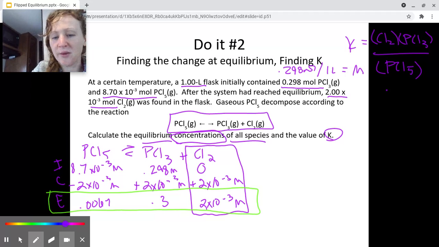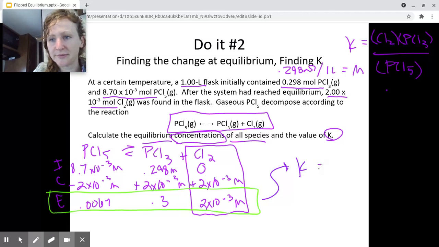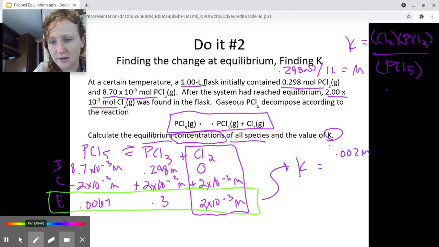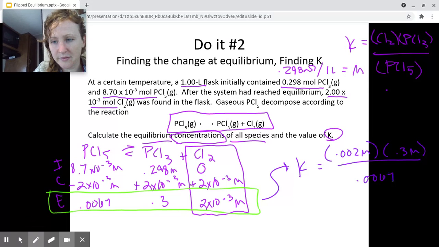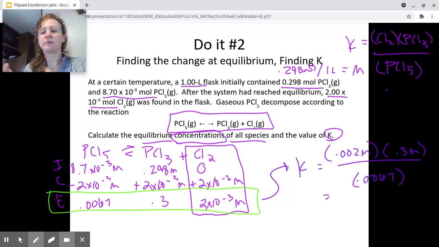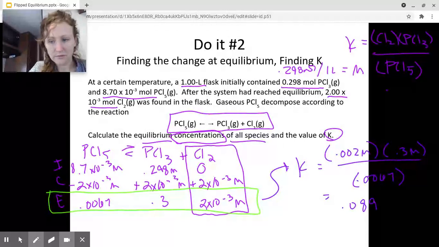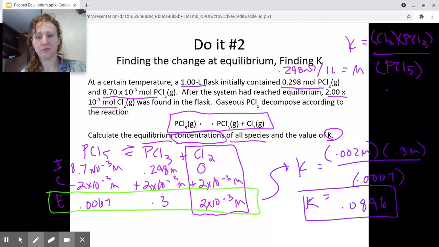All right, now let's figure out what K is. There we go.